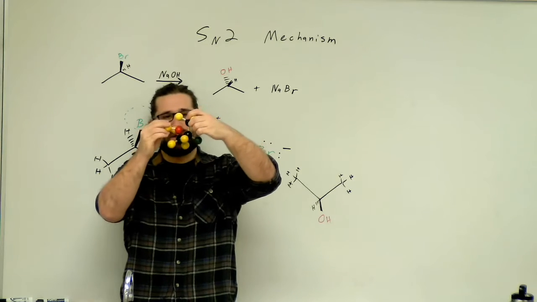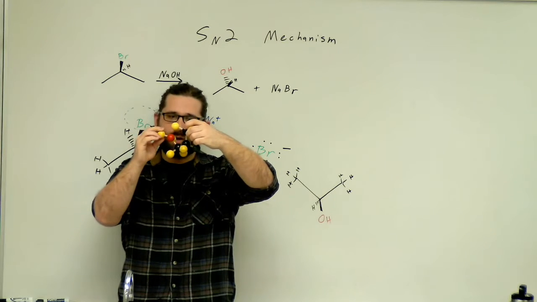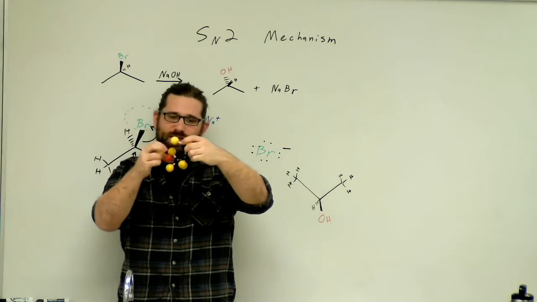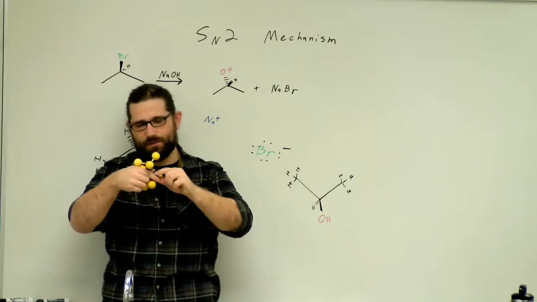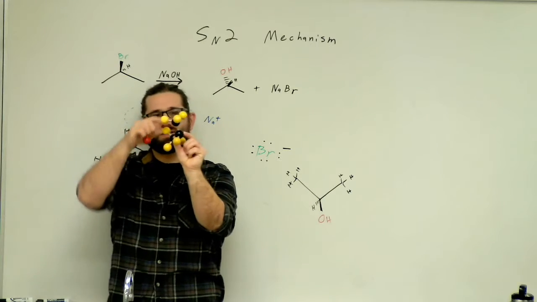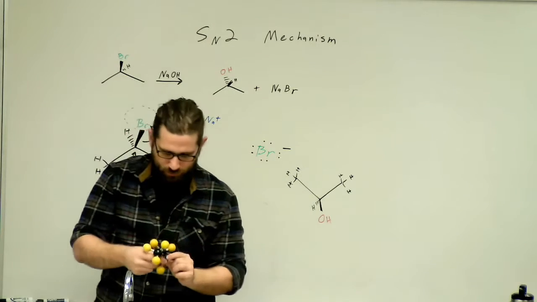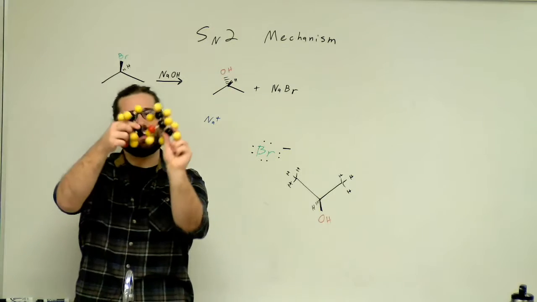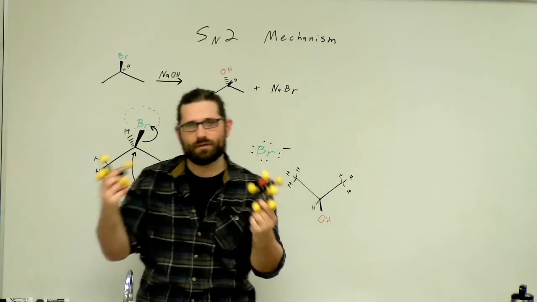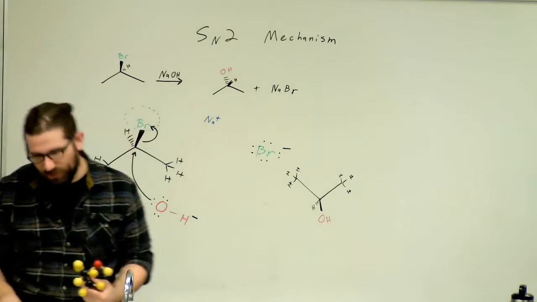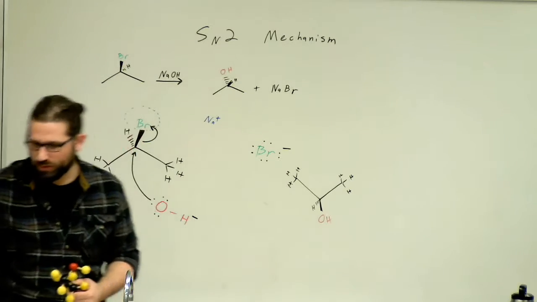Now, when that bond forms, suddenly this bromine is gone. That stick out of there. And now this electron density pushes these away, and I end up inverting, okay? It becomes inverted. It's very important. That flip in stereochemistry is very important.